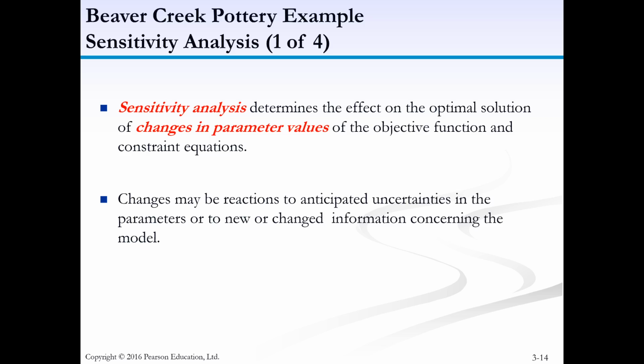Sensitivity analysis. Now, when I started the lecture, I said that sensitivity analysis is very important from management point of view. We would like to know what if the objective function coefficient changes, profit changes, and would that change our optimal point or not?